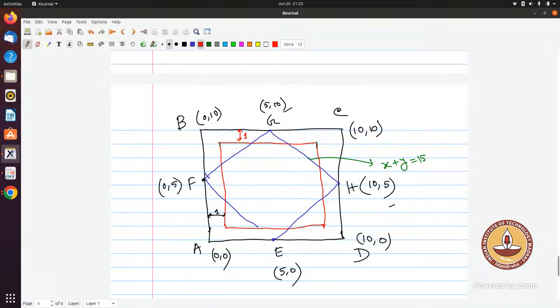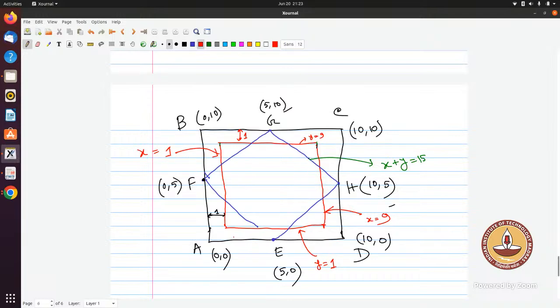So this is y equal to 10, so this must be y equal to 9. This is y equal to 1. This one is x equal to 9, and this one is x equal to 1. These are the equations of 4 straight lines: y equal to 9, y equal to 1, x equal to 9, x equal to 1.